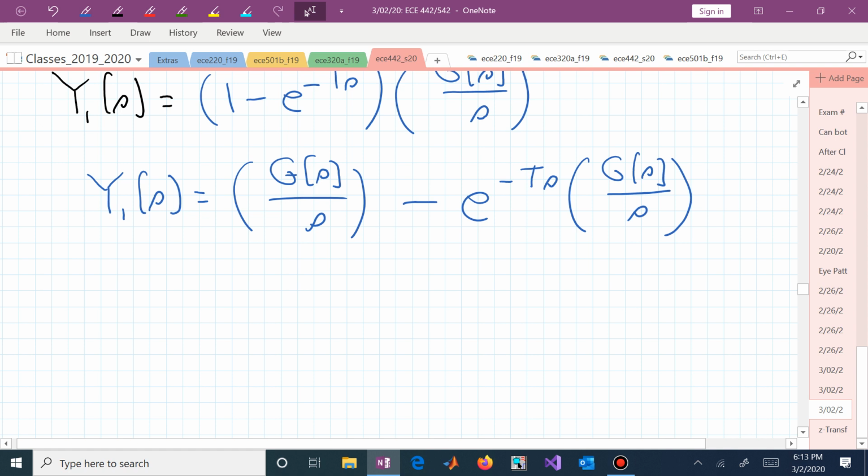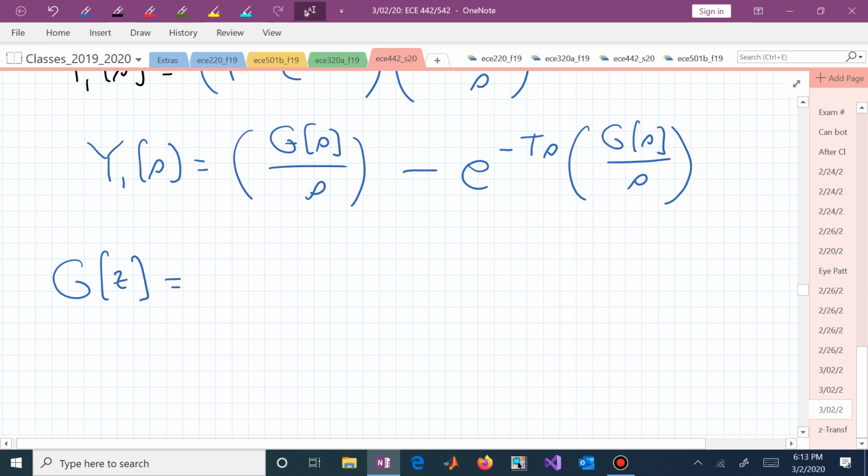Because now I've introduced, in addition to this, I've sampled that analog waveform. I'm trying to now find G of Z. That's going to be the following. Let me write it down and then I'll try to back my way out because I need to put it all in place, and I'm afraid I won't give myself enough room if I start with the inner piece. So the final thing that I'm going to do is Z transform. And what can I Z transform? I can Z transform a sequence of numbers.